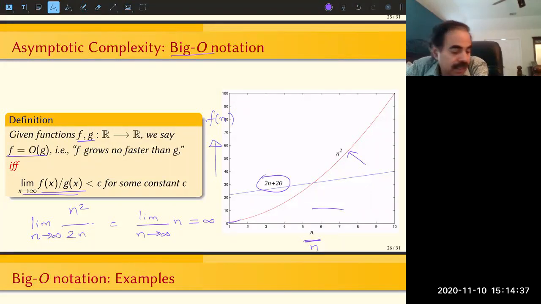So the ratio of their values will increase more and more as you increase n.